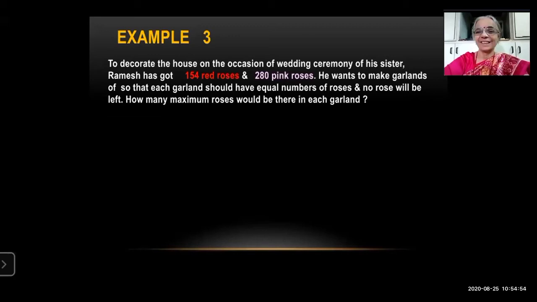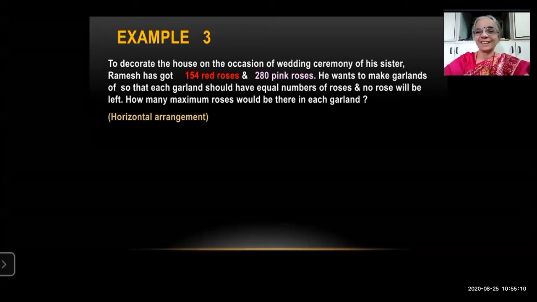So let us do this. First, we will see by the horizontal method. You too do it in your notebooks with me. Okay. So what do we need to do first? We need to factorize the number 154.